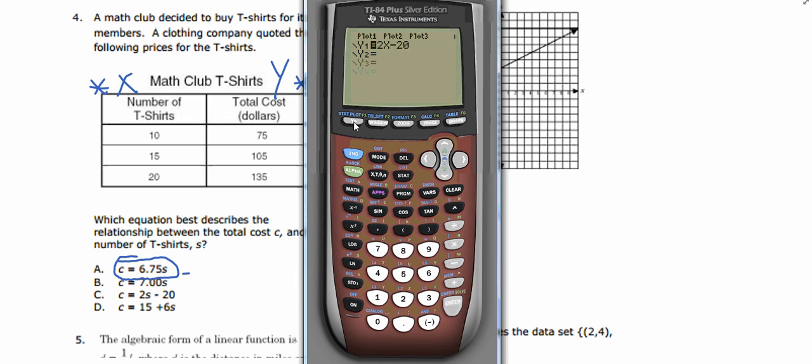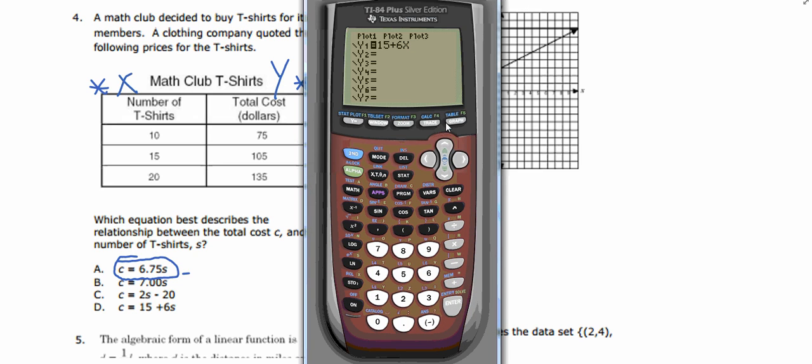In answer choice D, we're going to type it in exactly like we see it. We have 15 plus 6s, and that'd be 6x.